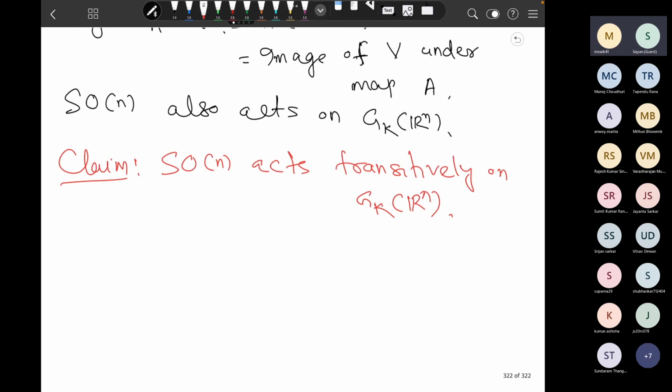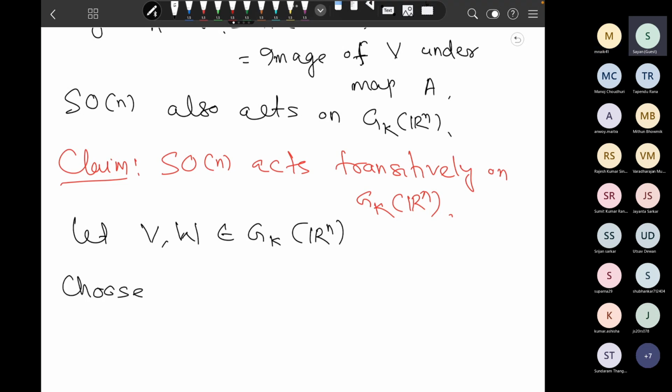How to prove that? Let V, W belong to G(k, R^n). So both V and W are k-dimensional subspaces of R^n.